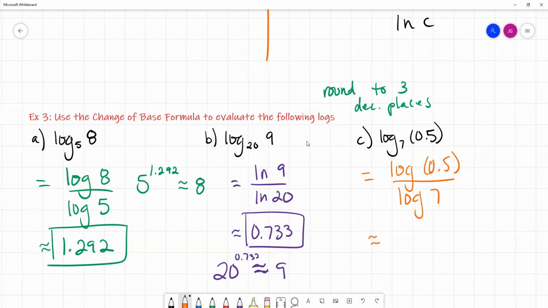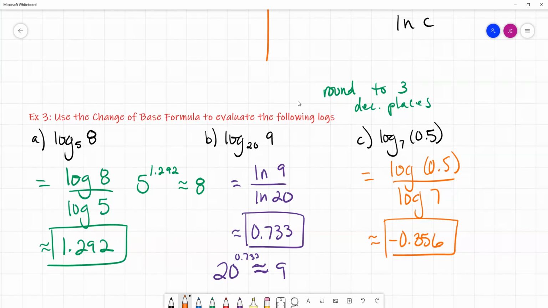Log of 0.5 divided by log of 7 is going to be approximately negative 0.356. That is our answer. And so 7 to that power will give us approximately 0.5.